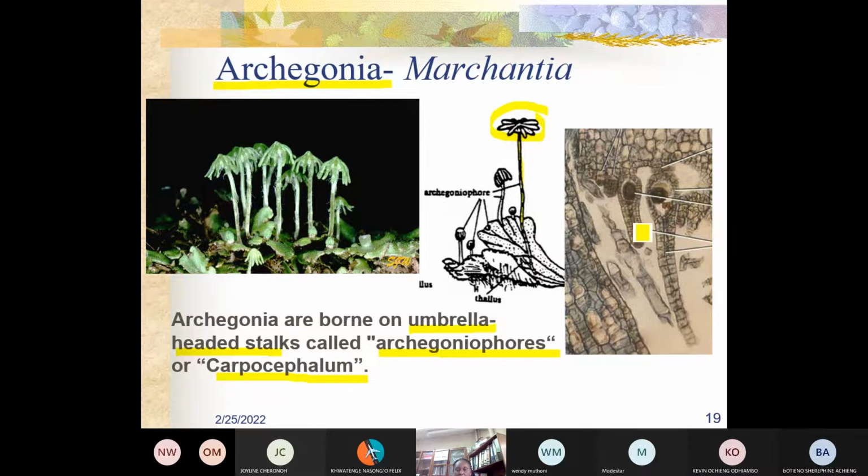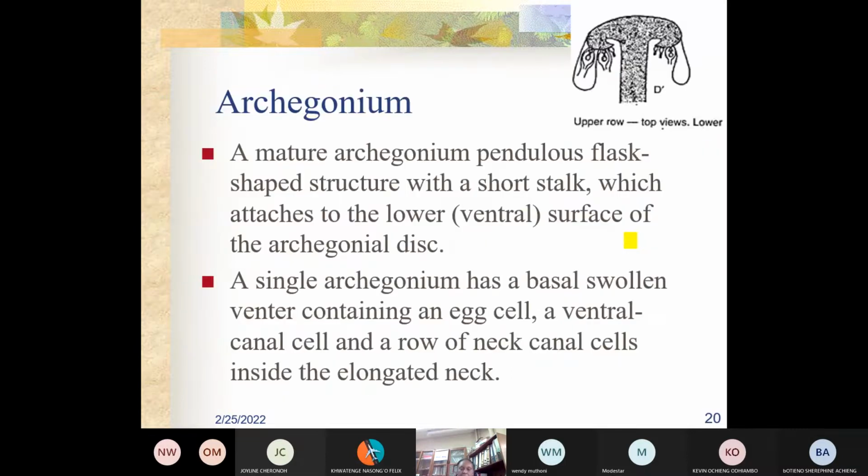So archegonia look like flasks that are upside down. So they have a long ventrum. This is the ventrum, and then they have a long bore. Inside the ventrum is where you have the egg forming. So it's pendulous, flask-shaped. So they have a very short stalk, which holds the whole structure.